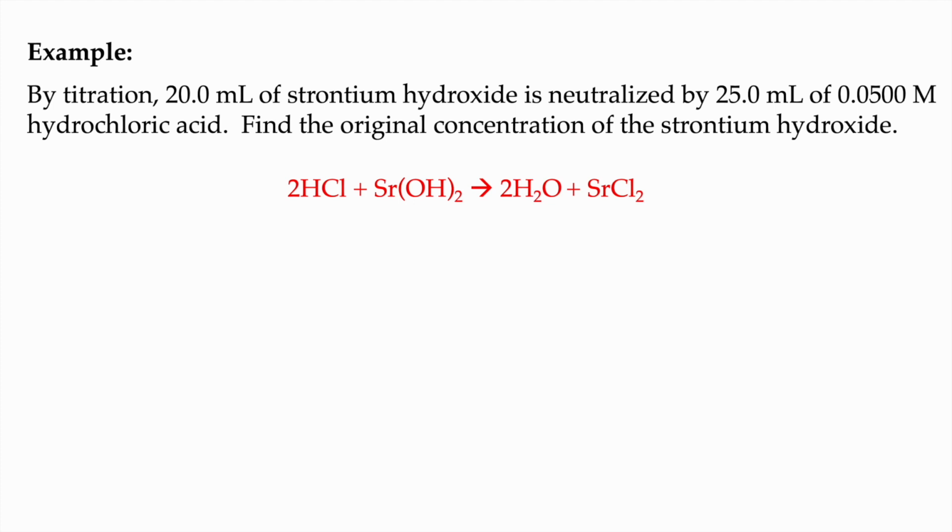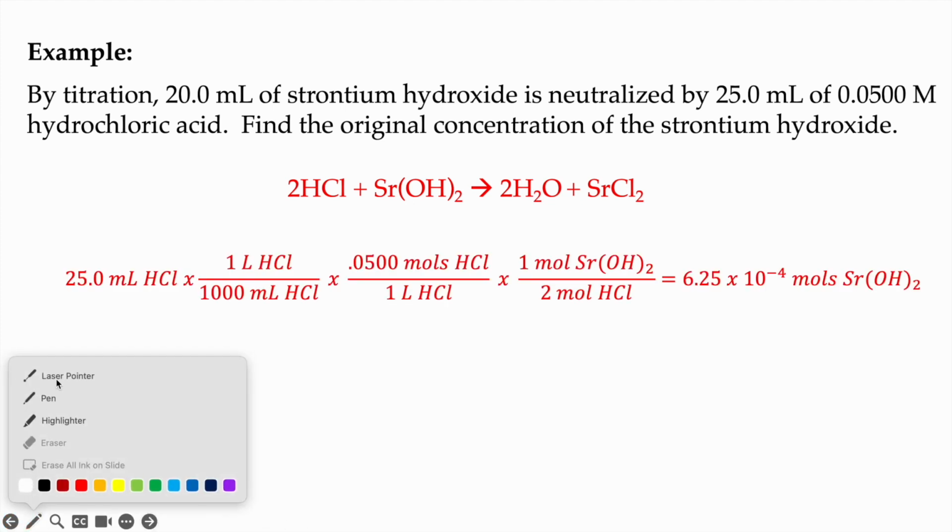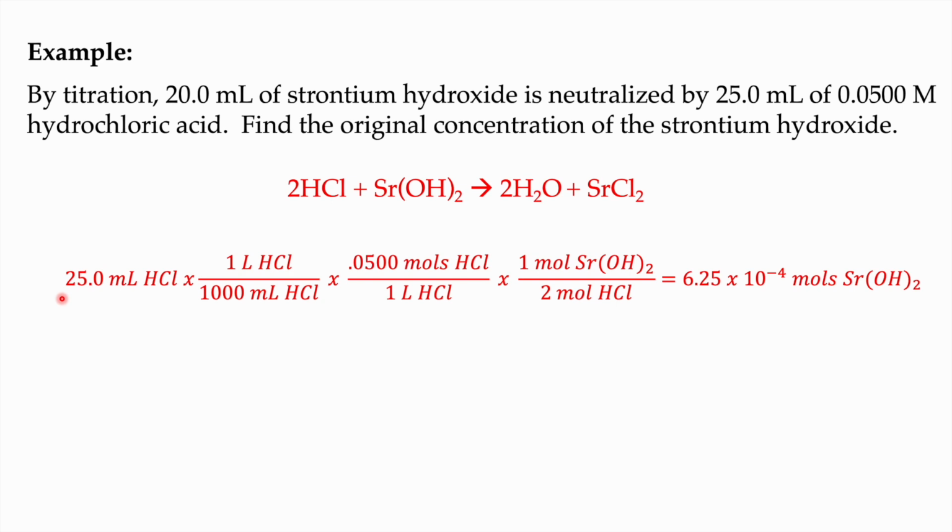The next thing we are going to do is use the equation for molarity and the volume of hydrochloric acid to figure out how many moles of HCl are present in the solution. Once we know how many moles of HCl are present in the solution, we can use stoichiometry to convert that to moles of strontium hydroxide. So I took my 25 milliliters of hydrochloric acid.